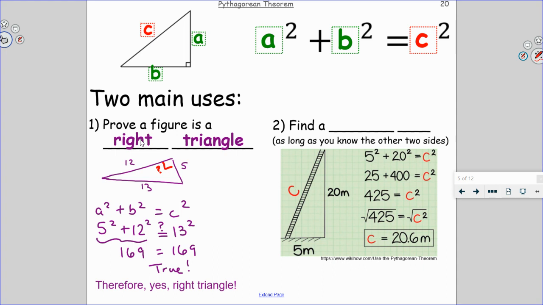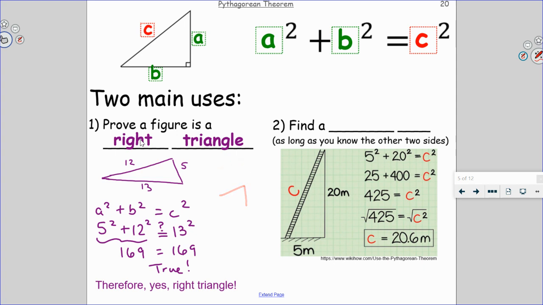So if we were to substitute numbers in for A, B, and C, the appropriate numbers, we're going to see, is it true or is it false? If it's true, shabam, it is a right triangle. If it's false, it might be just a little bigger than 90. It might just be a little tiny bit smaller than 90. It might be obtuse, it might be acute, but it is certainly not a right angle.